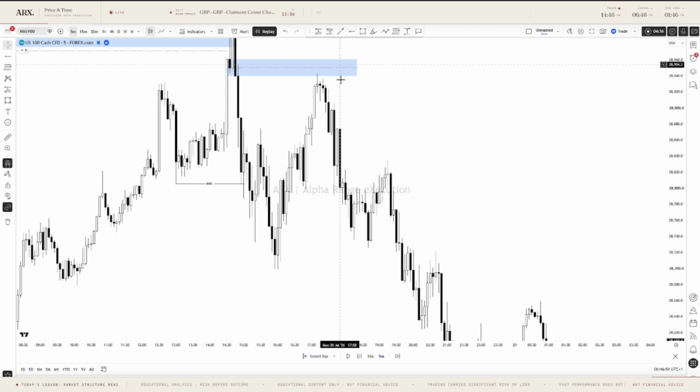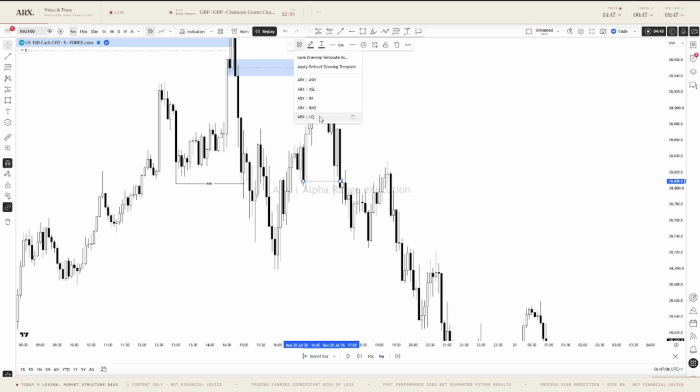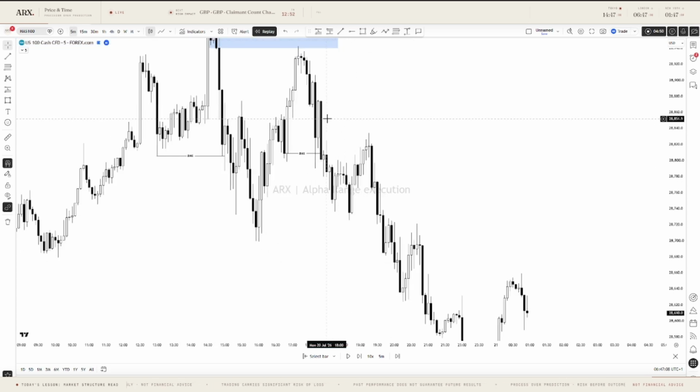What the market did was break structure here. As soon as I saw that, I said, okay, looks interesting. Let's get ready. So the market dropped. I saw this as a trap. We will talk about that later on. So this was a trap.